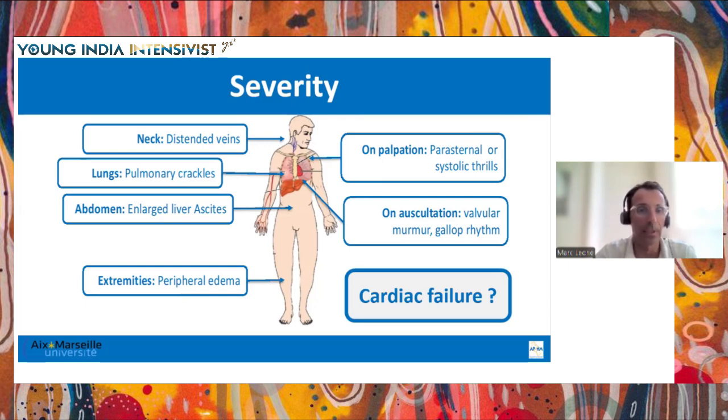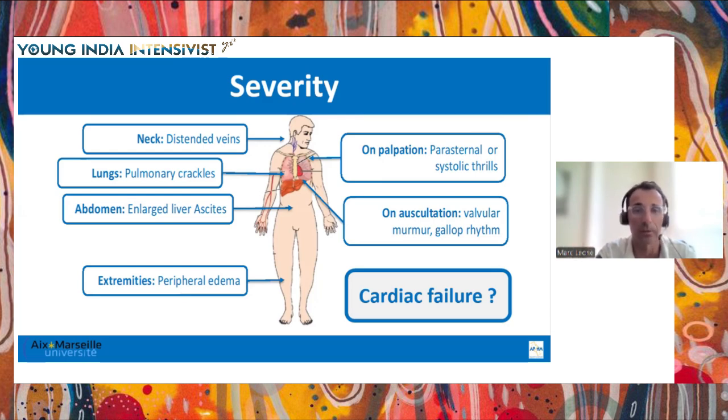And in this patient, you can look at the neck. There are some distended veins. You can look at the lungs. There are some pulmonary crackles. There is some peripheral edema at the level of the extremities, and you can hear the cardiac sounds, and there are some very specific sounds suggesting a cardiac failure.